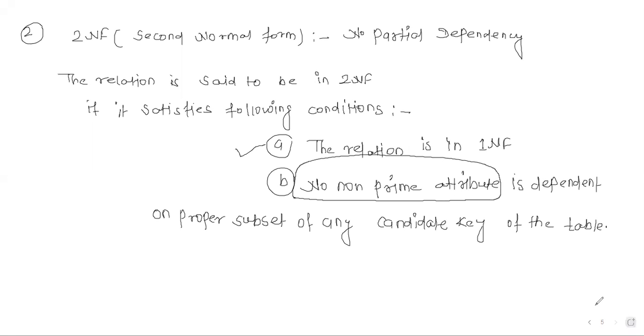So let's go to this. Suppose we have a relation R with the attributes A, B, and C, and for example, B can determine C. This is given to you.